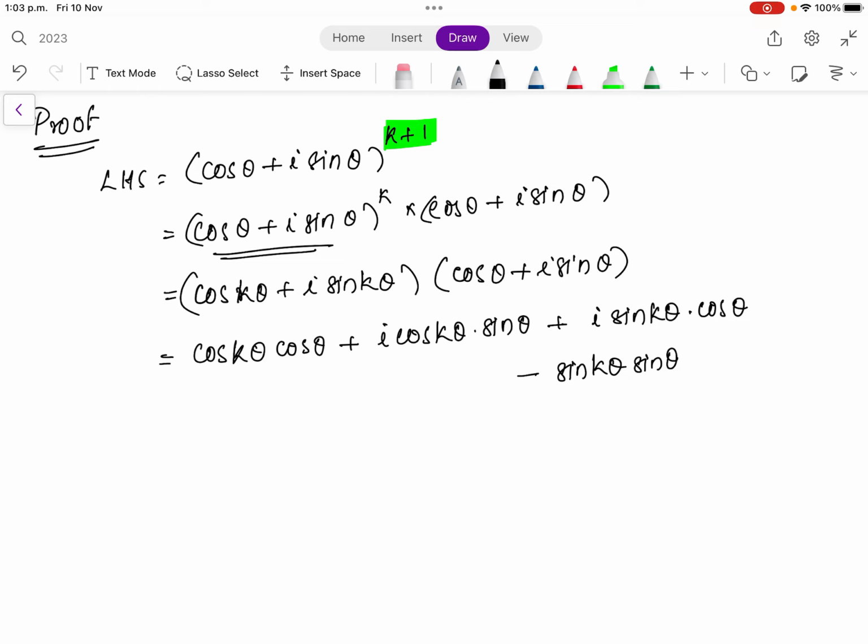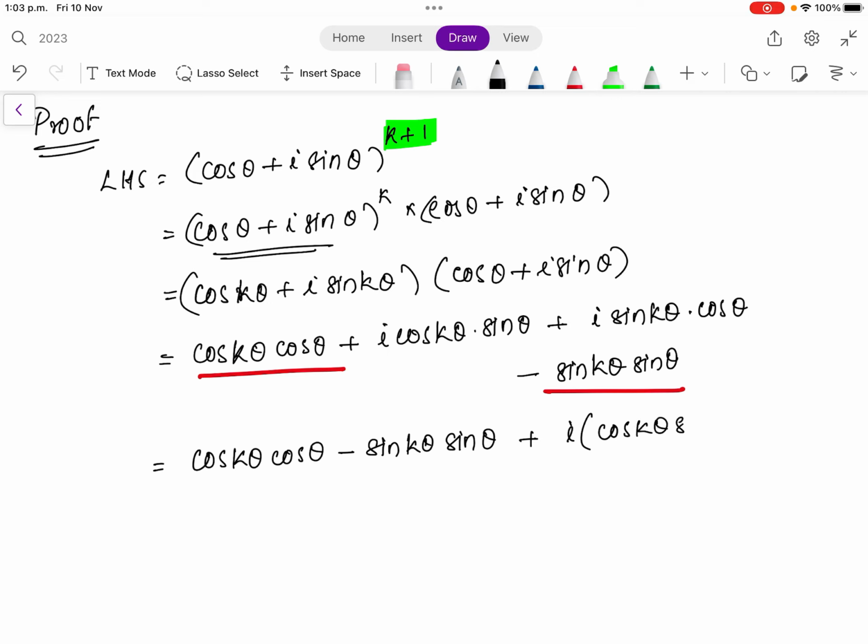Okay. Now I'm just trying to bring the real terms together and the imaginary terms together. So what will happen here is cos k theta cos theta minus sin k theta sin theta, I'm just rearranging and writing it, plus i times (cos k theta sin theta plus sin k theta cos theta).